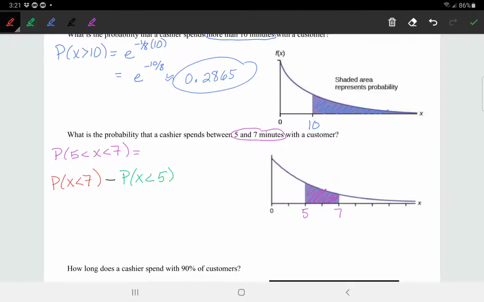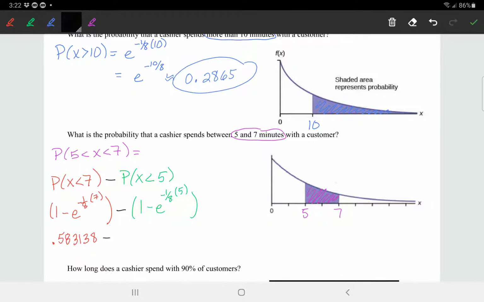So for the probability that x is less than 7, we use 1 minus e to the negative m, which is 1/8, and the value of x we're looking for is 7. And then we could subtract off x being less than 5. We use the formula, it's 1 minus e to the negative m, which is 1/8, and the value of x we're looking for is 5. So when we put these in our calculators, make sure you keep as many decimal places so we don't have rounding errors. 0.583138.